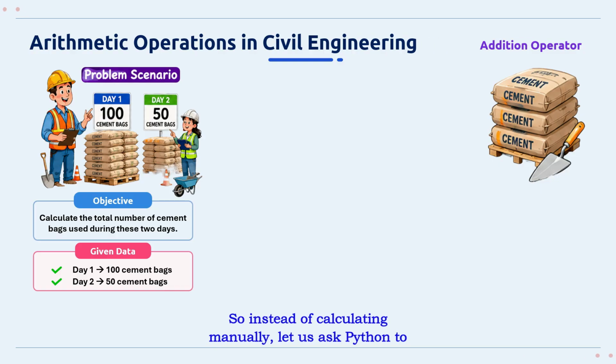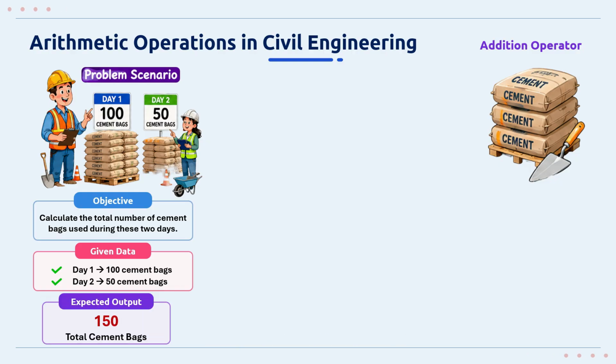So instead of calculating manually, let us ask Python to do it for us. We will store these values in variables and use the appropriate operator to calculate the total number of cement bags used.